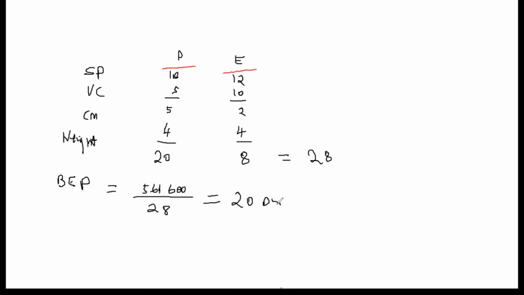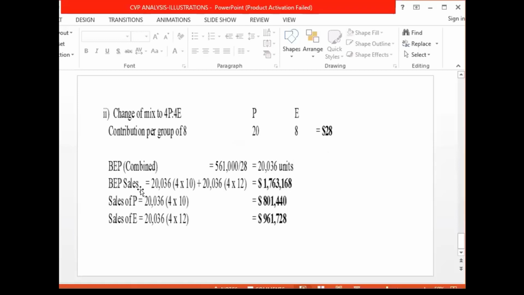Am I right? So 20,057. This is supposed to be 561,600.